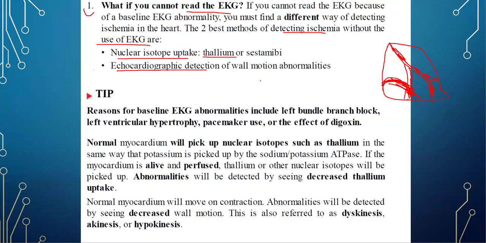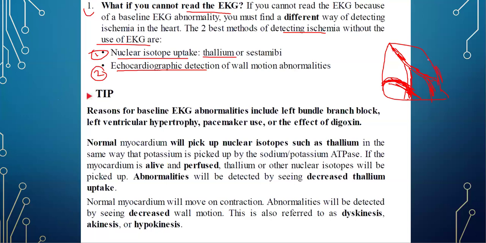That's very good. So either we do this nuclear isotope scan, or myocardial perfusion scan. That's one option. Or the second option could be just sending the patient for an echocardiogram, and echo can find out if there is any regional wall motion abnormality, like if any of the heart wall is not moving as it should.